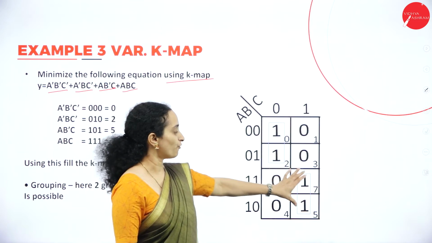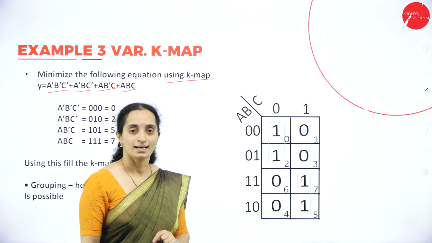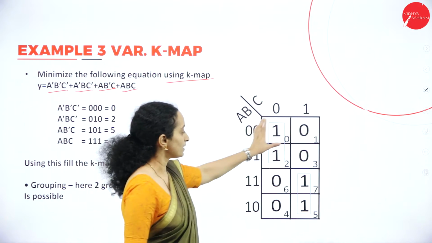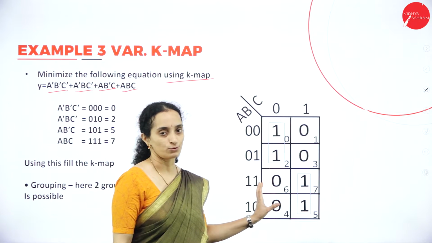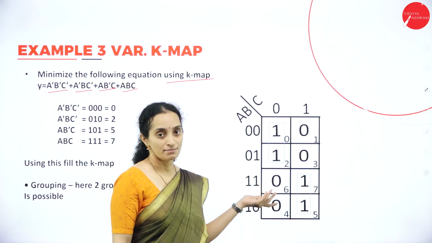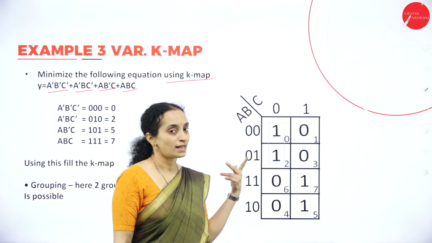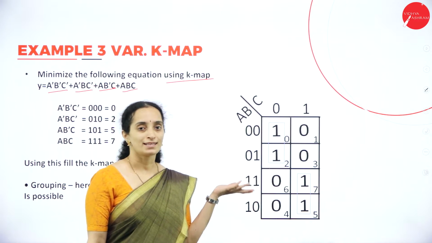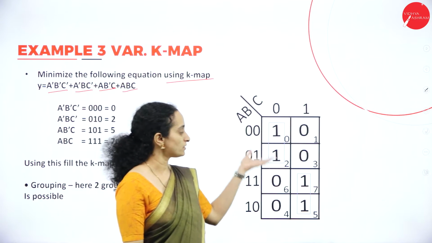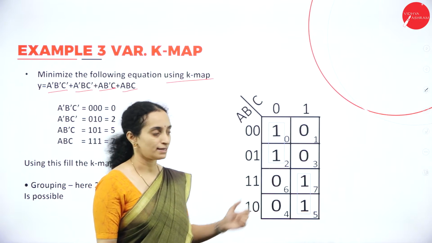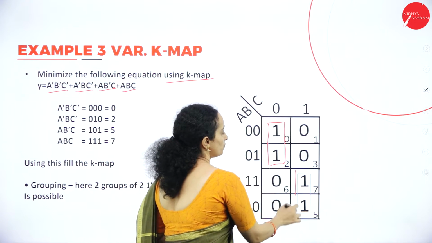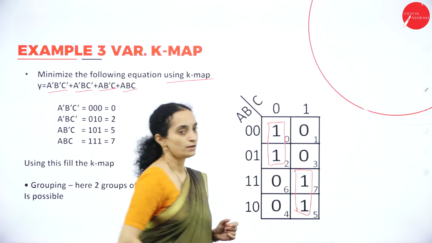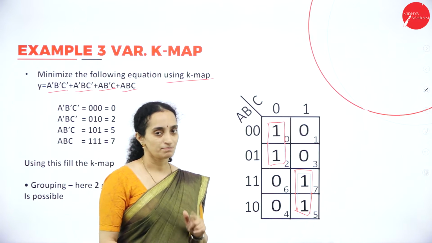You have 4 ones in this K map. In this, there is no way you can have more number of ones in the group. You cannot minimize the number of groups, neither can you maximize the number of variables because they are arranged separately. Therefore, you have to make groups of 2 with 2 variables each.